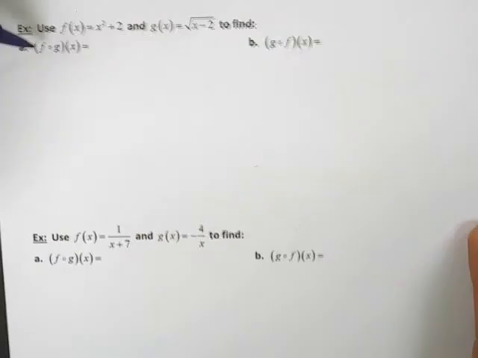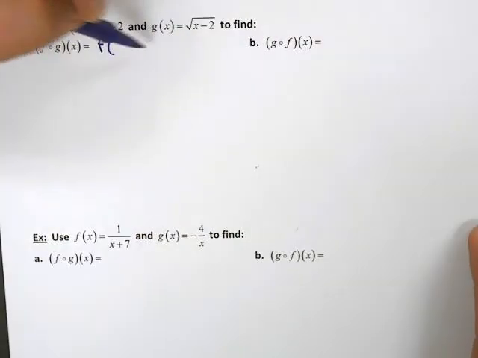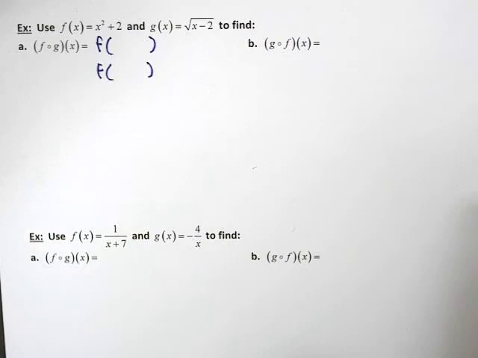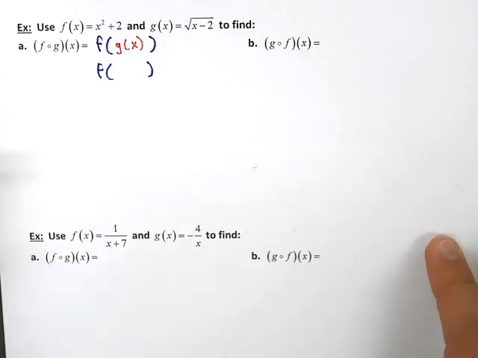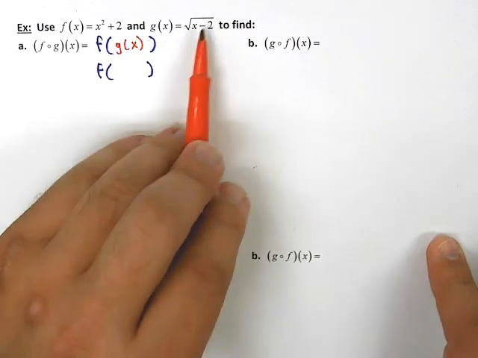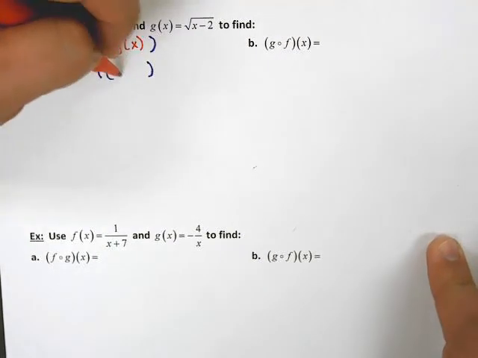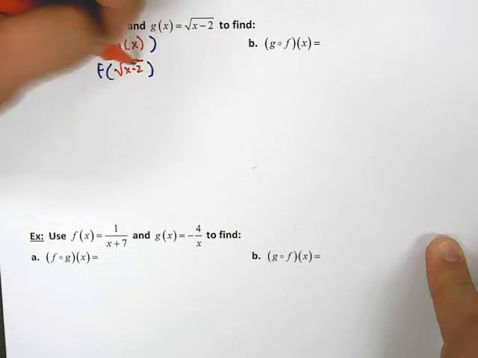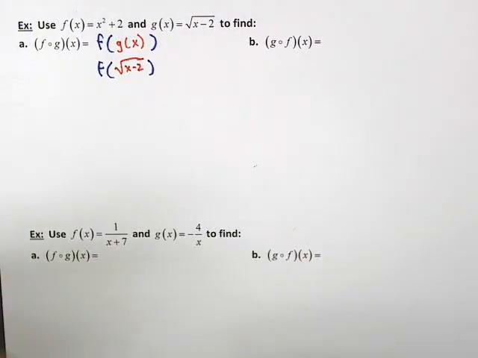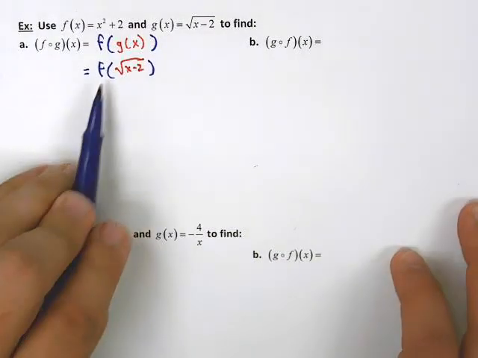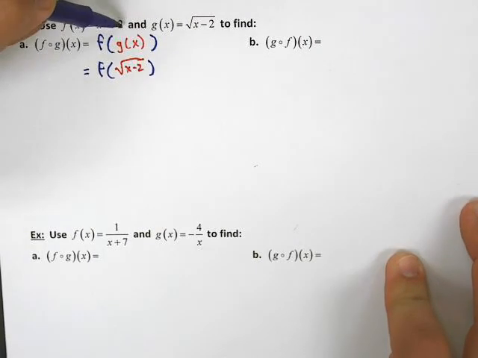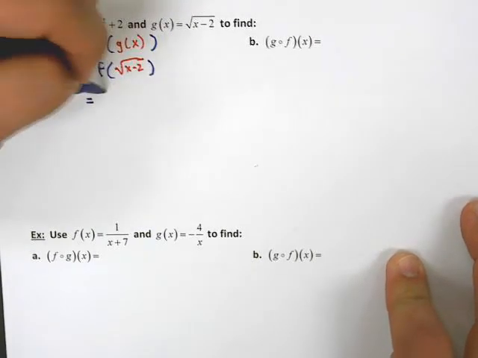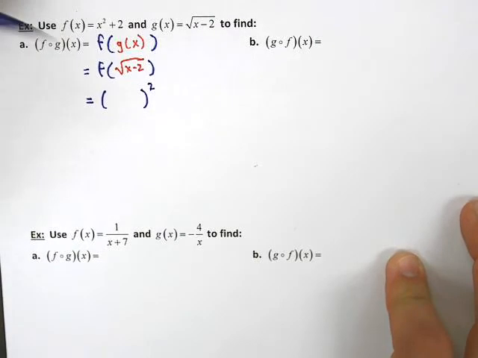Alright, so f of g of x is the same thing as f of, and well, g of x is square root of x minus 2. Alright, so we look at our f function. Our f function says input squared plus 2.